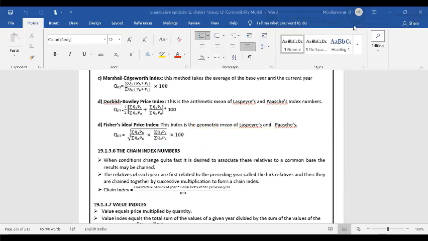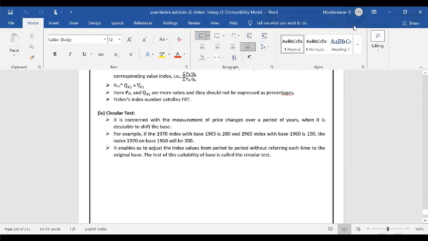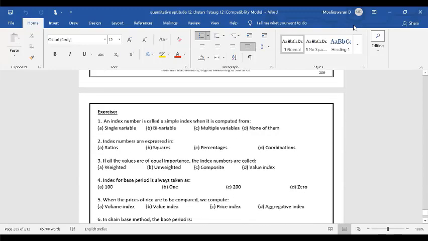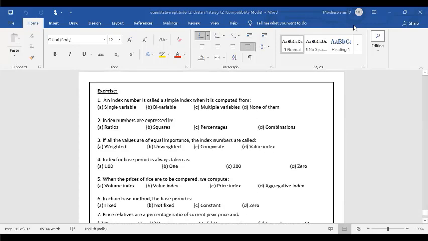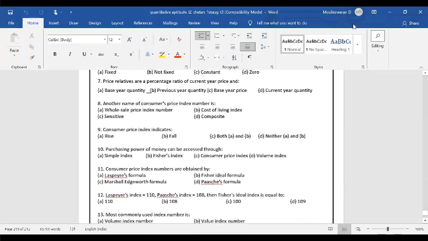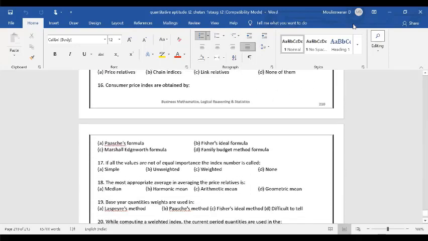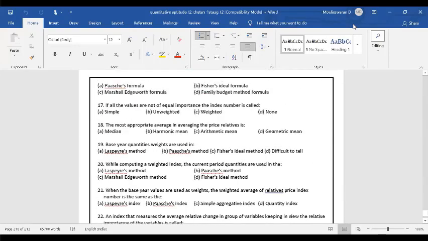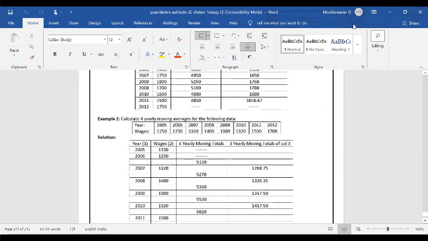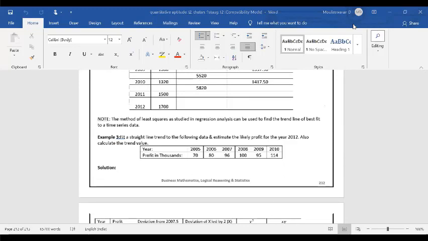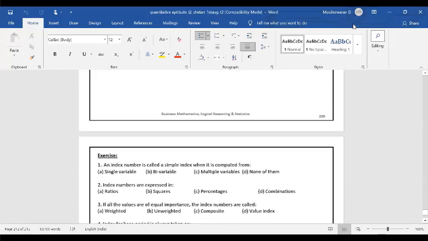So, how will the questions come for your exams? As you can see, most of the questions you will get on index numbers are theory content.